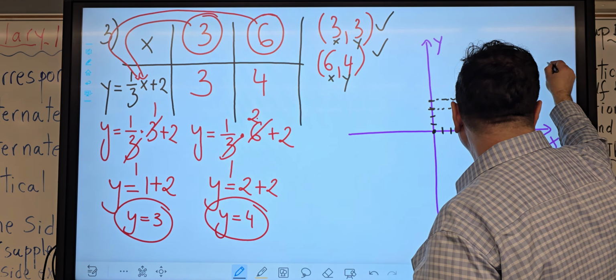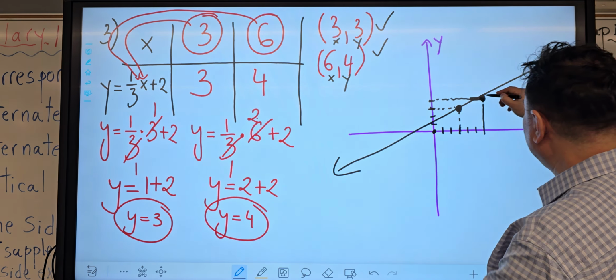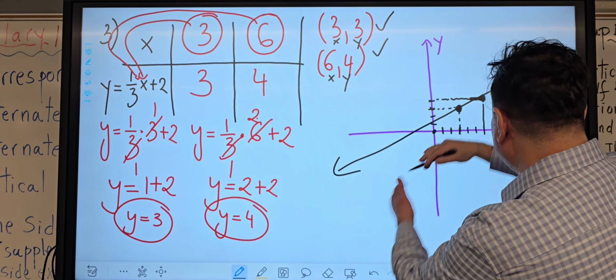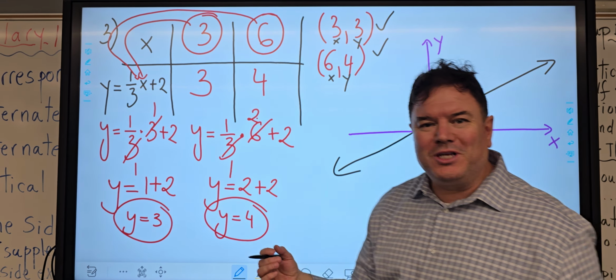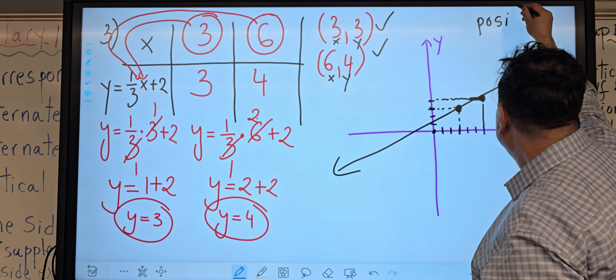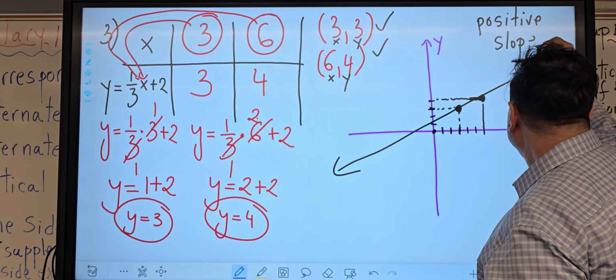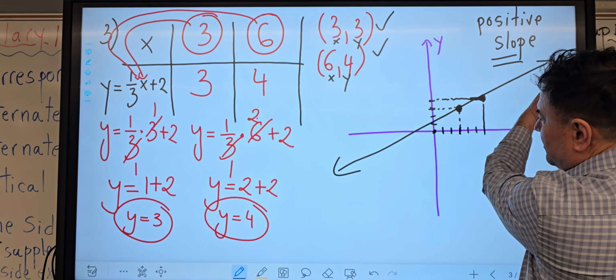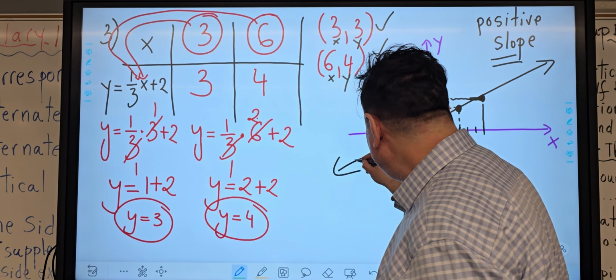Let's do that. And this is our answer, right? We connected those dots, we got a line. Again, the slope is going to the right, therefore the slope is positive. Positive slope. And again, we get the answer. And any points on this line can be the solution.